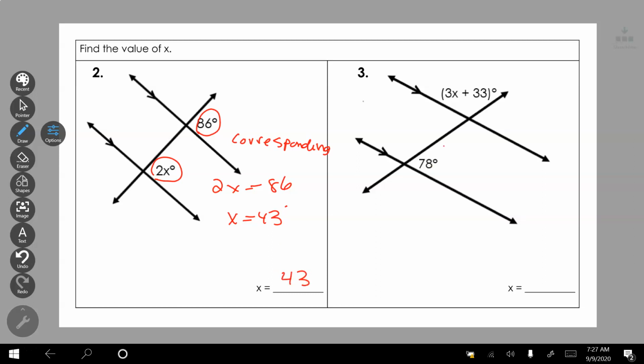Now this one, I can't get to this one directly because there's no relationship, but I know that this and this has to be 78 because this is also corresponding.